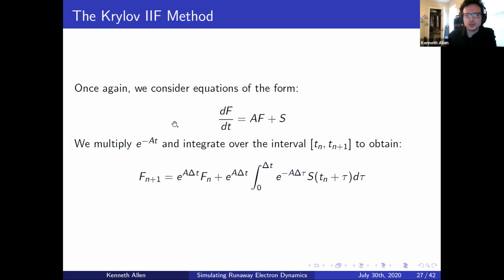We can multiply the matrix exponential e to the minus A t to each side, and then integrate over the time interval t n to t n plus 1. Then we get a formula for f n plus 1 in terms of f n: f n plus 1 is equal to e to the A delta t f n plus e to the A delta t times an integral which involves the source term.